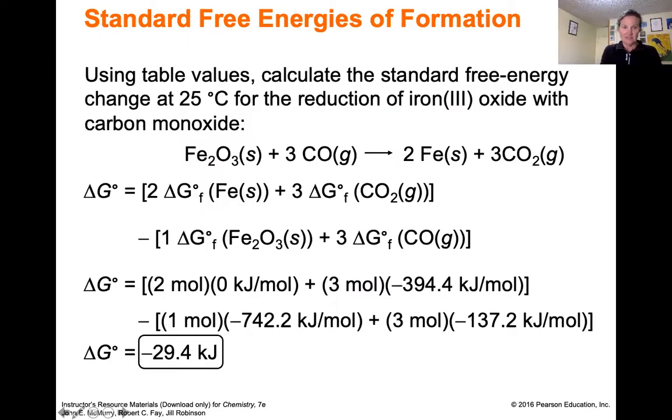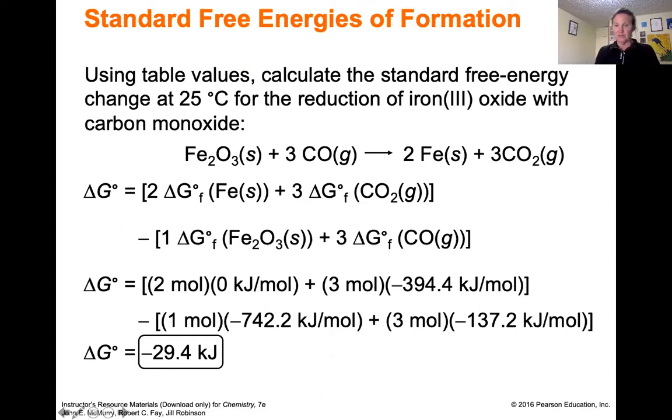So this is just calculating a delta G. They went to the table and got the value for iron solid, which is 0, carbon dioxide gas, which is negative 394.4, iron(III) oxide, negative 742.2, and carbon monoxide, negative 137.2.